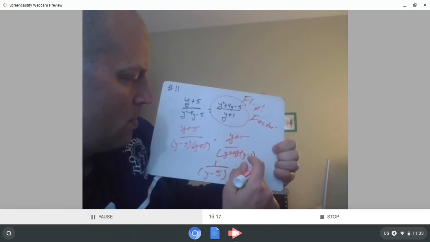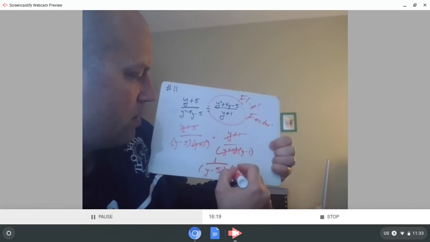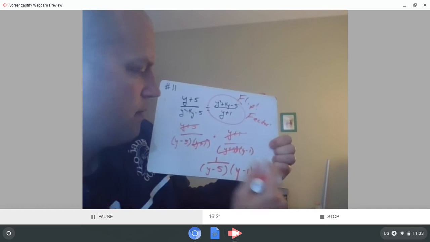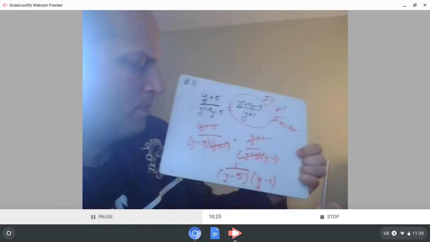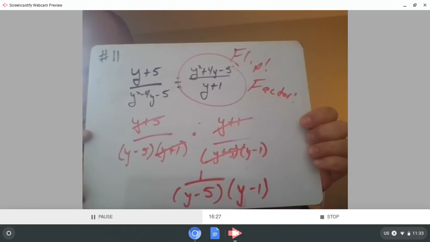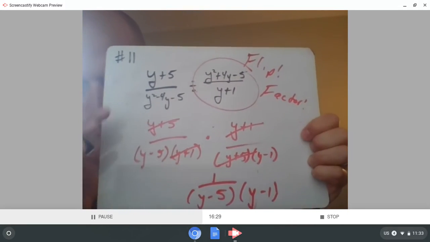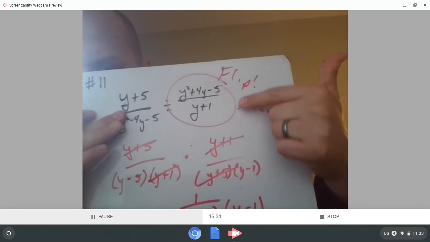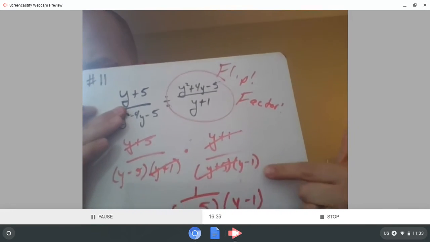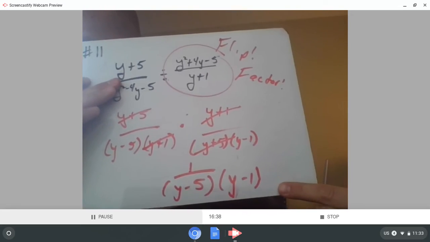Erase that guy real quick. All right. There we go. So that's number 11. Flip and factor. So we're flipping the second fraction. See how that's been flipped? Okay, final answer.